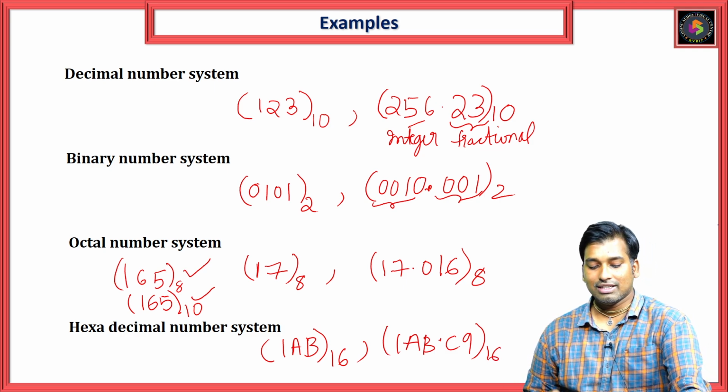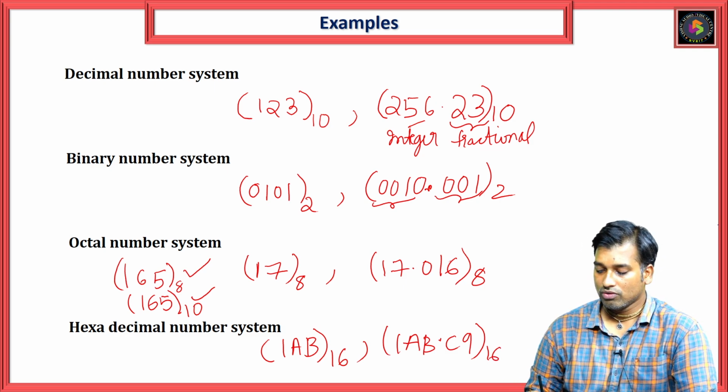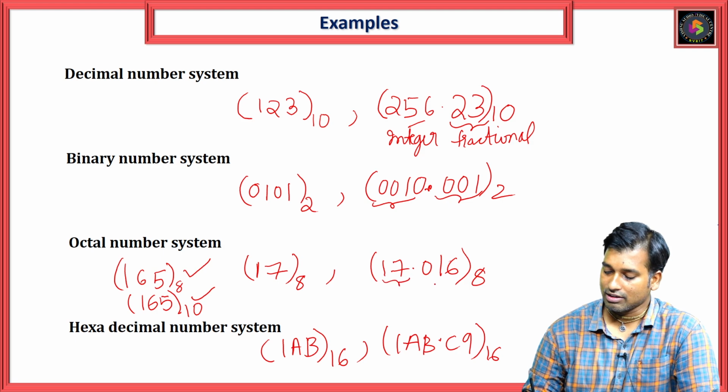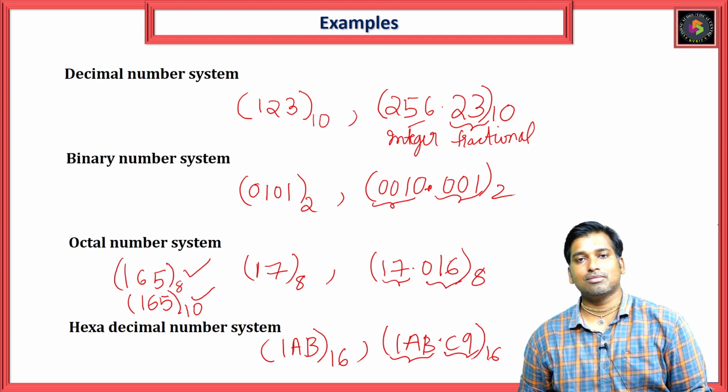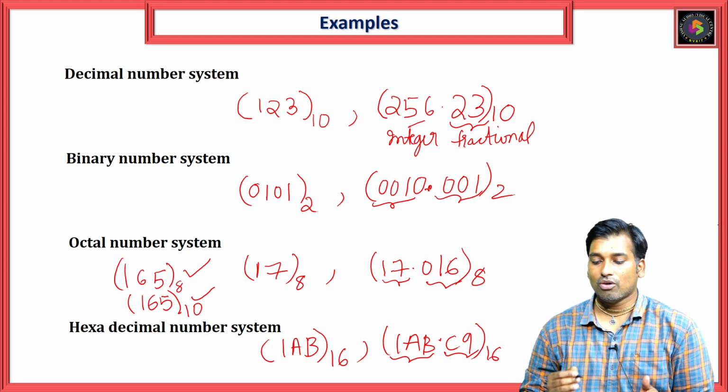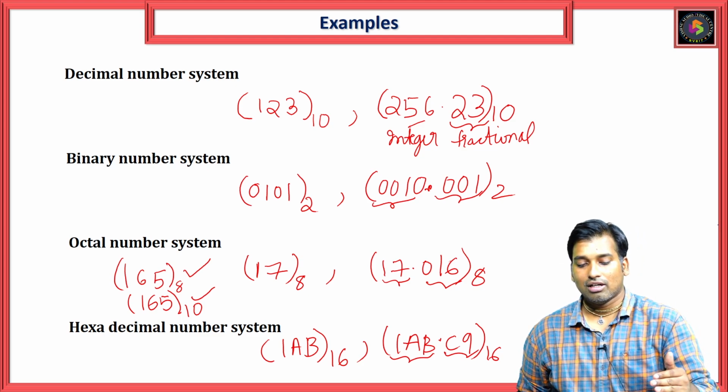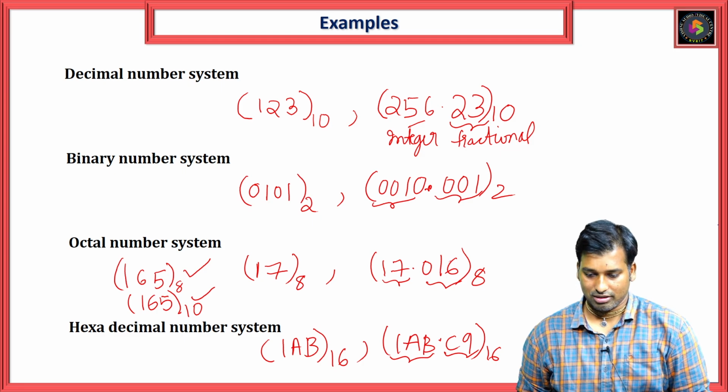This is integer, this is fractional. Similarly, this is integer, this is fractional. So this is how we represent different number systems.